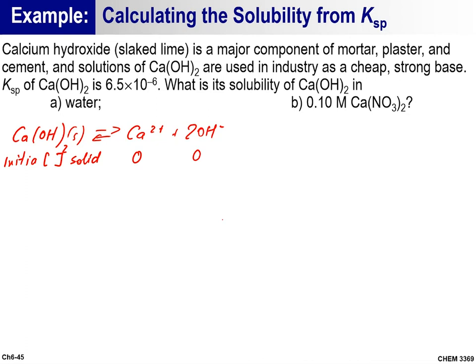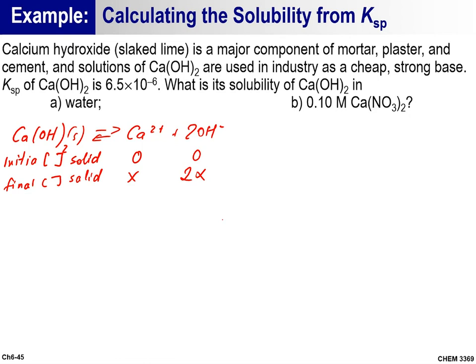At equilibrium, the calcium hydroxide is still a solid and does not change, but the calcium 2+ concentration will be unknown because some of the calcium hydroxide will dissolve. So I'm going to call it x. According to this reaction, the concentration of OH- ions has to be twice that of calcium 2+, so 2x.